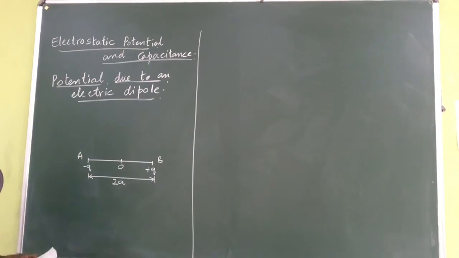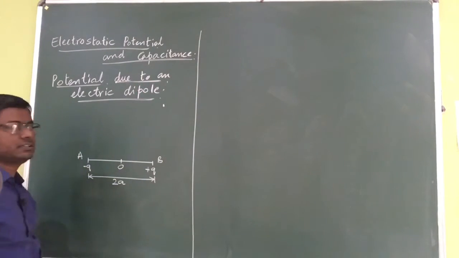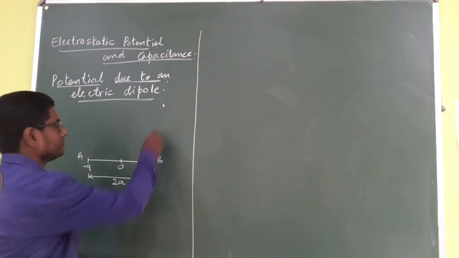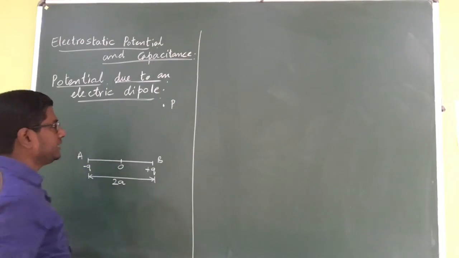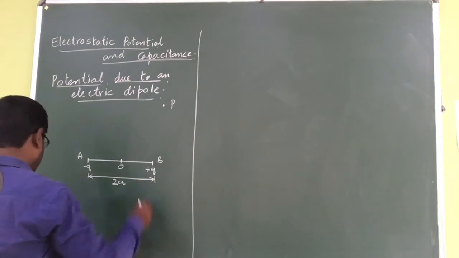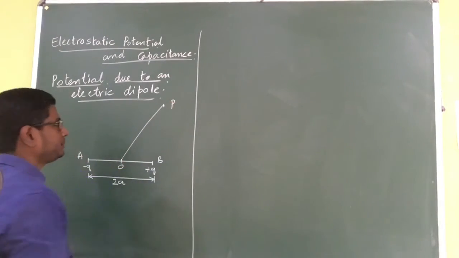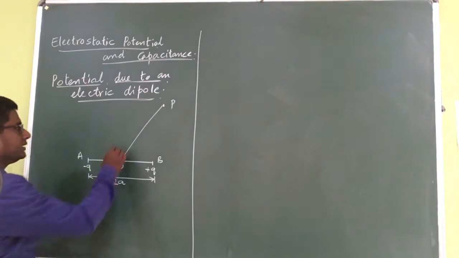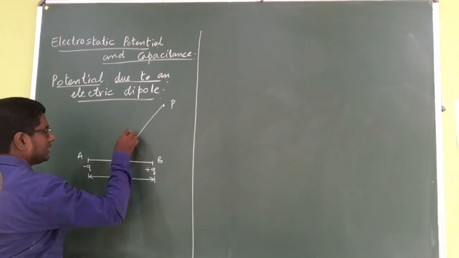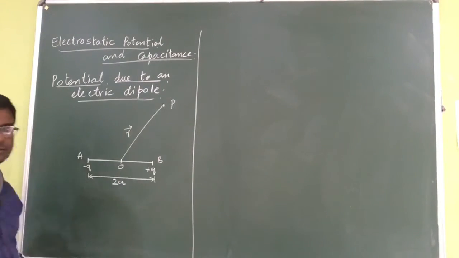So we are going to take that point P somewhere here, and for that point P I need to draw the distances. This is the distance of point P from the center of the dipole, and I am going to take it as r, and it is a vector.